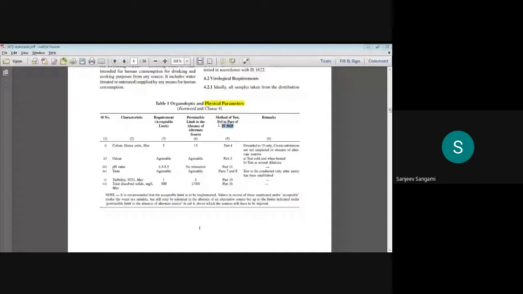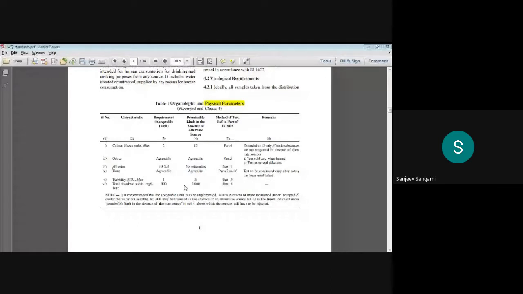Next, come to the pH value. You can see 6.5 to 8.5. They have given that as the requirement, the acceptable limit, but a permissible limit has not been given. There is no relaxation, meaning 6.5 to 8.5 is the only limit.